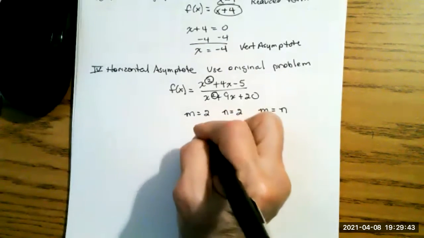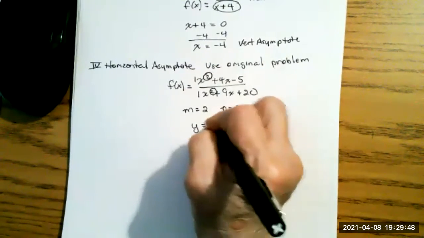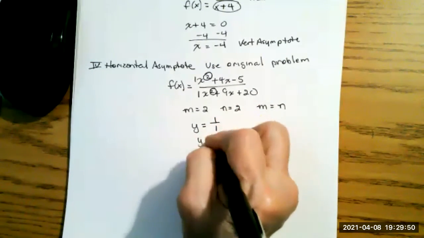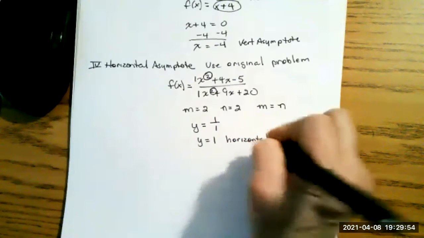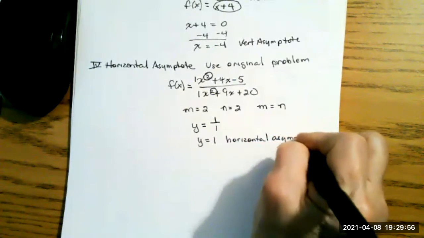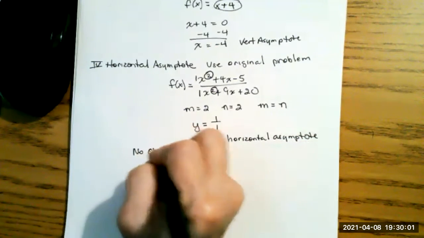So I do y equals, there's a 1 in front of these, 1 over 1, or y equals 1 is the horizontal asymptote. And if there's a horizontal, there is no oblique.